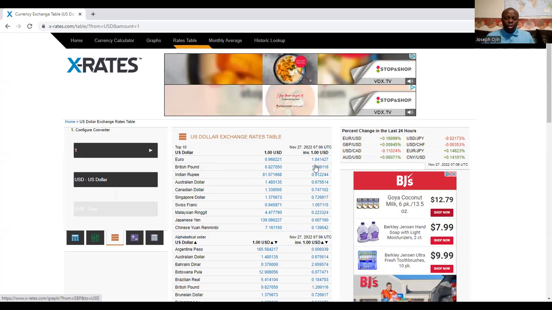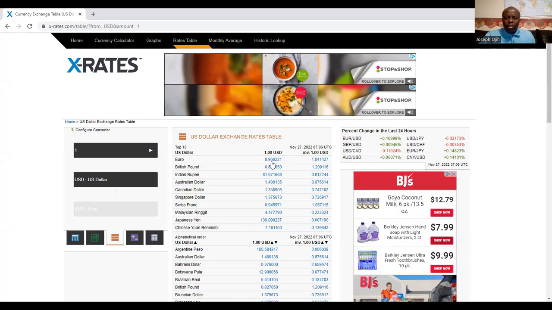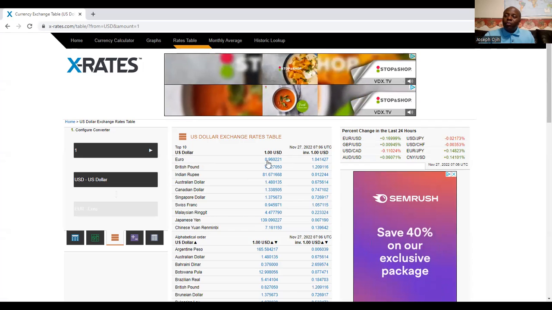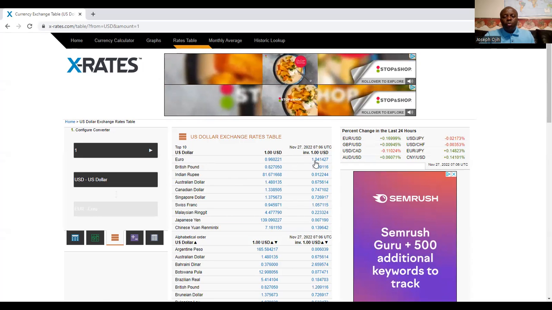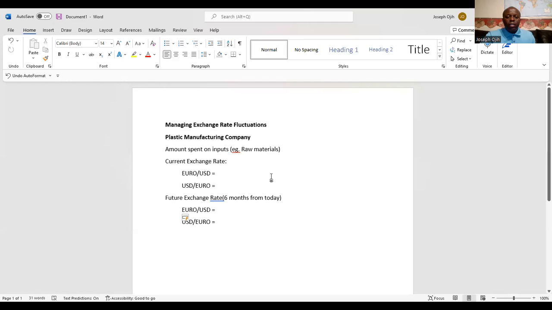Euro to US dollar, you can call it $1.04. And then the dollar can buy how many euros?